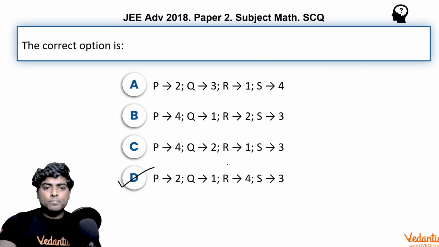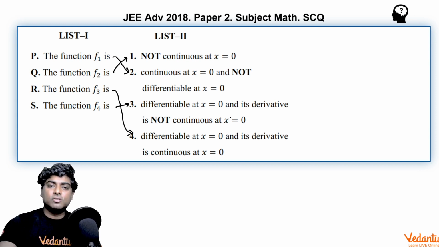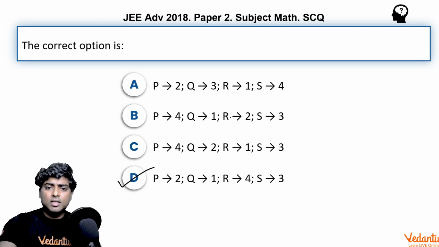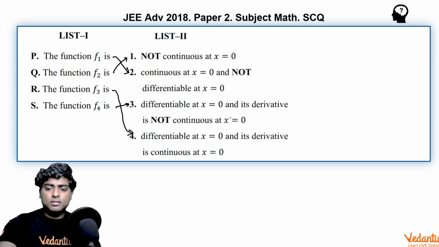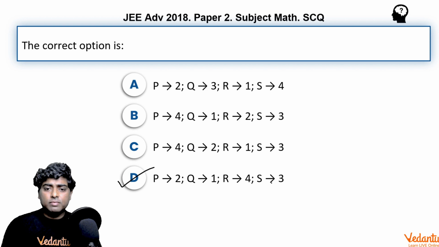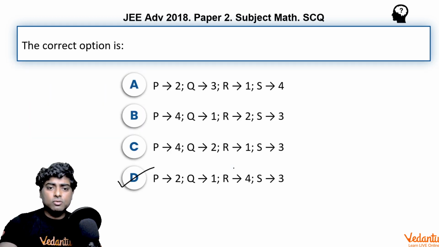Coming to the option, f4 goes with 3, differentiable at x equal to 0 but its derivative is not continuous at x equal to 0, as its limit is not existing here. So finally R goes with 4 and S goes with 3.